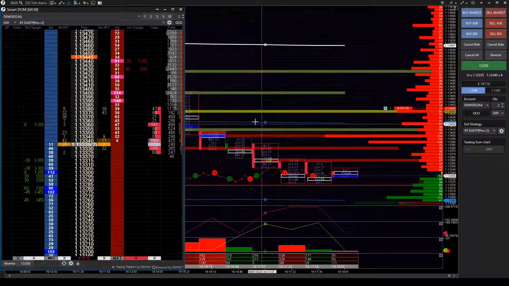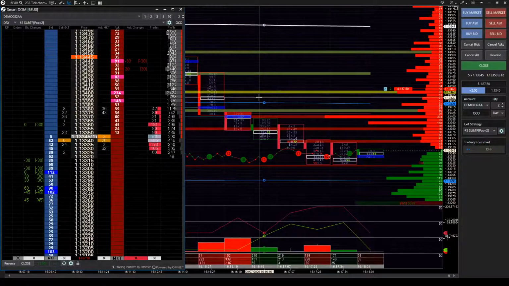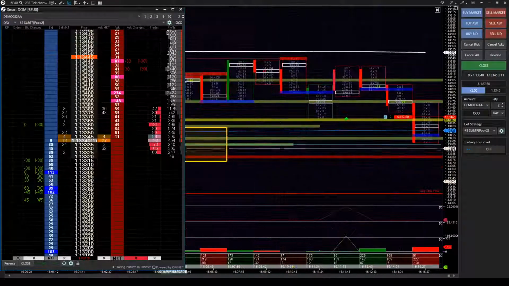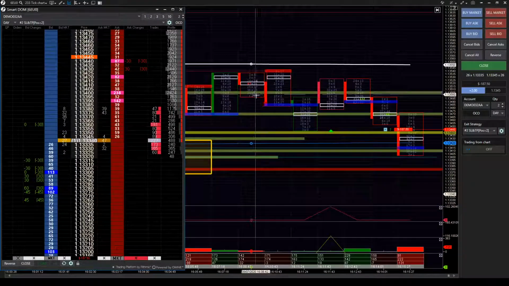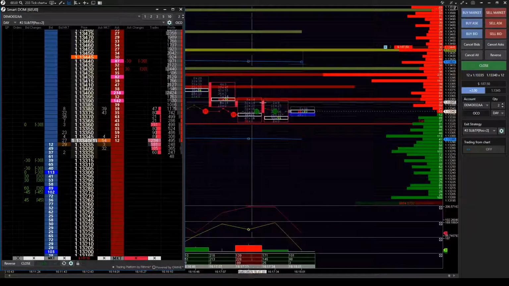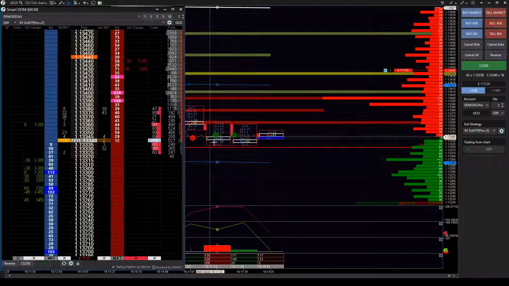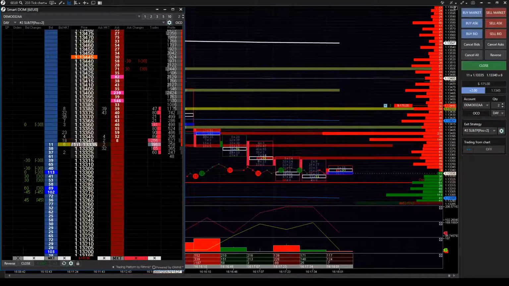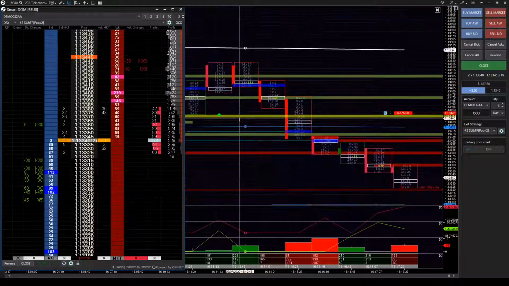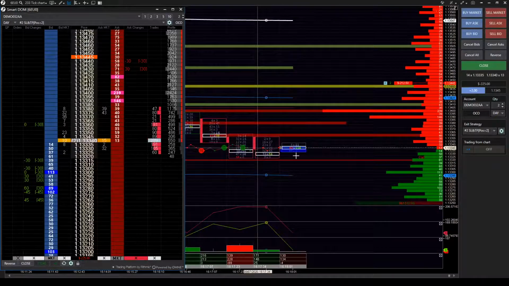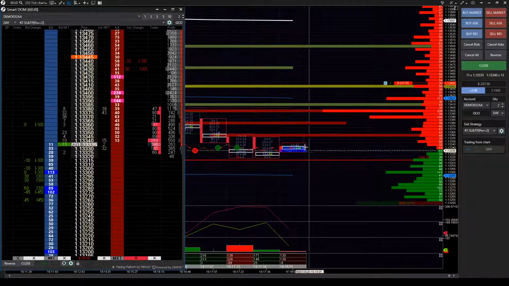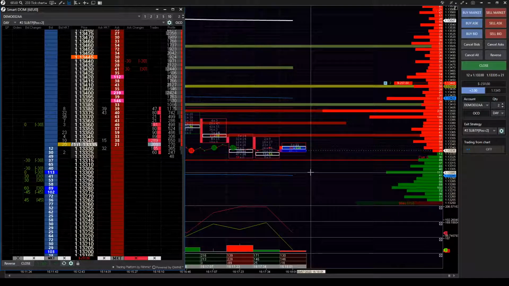It might be some of the sellers that entered in the higher position taking profit, and we can see some of this red might be one of the buyers actually getting a stop loss. Okay, we can see now more buyers getting in. See what happened.